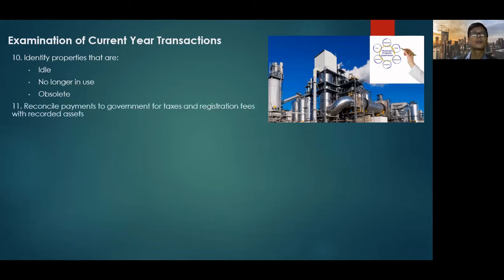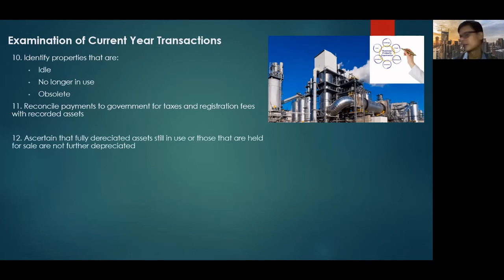And then, of course, number 11, reconcile payments to government for taxes and registration with recorded assets. And if there is a sale of this, certain fully depreciated assets still in use, or those that are held for sale, are not further depreciated.